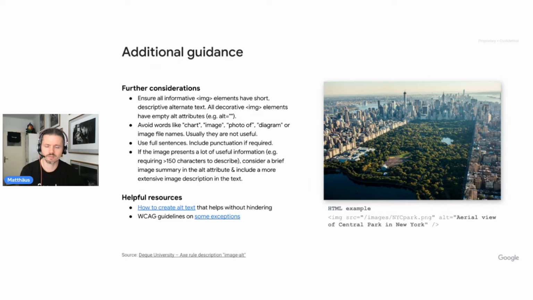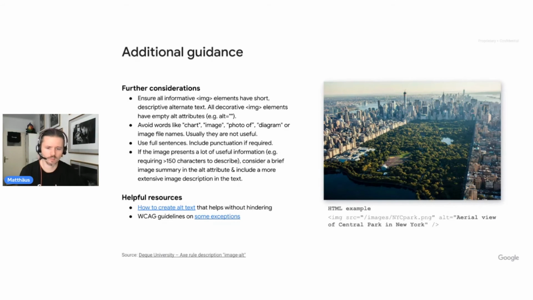You would always like to describe what it is, maybe more in depth. For example, okay, this is an aerial view of Central Park in New York, and not just say, okay, this is a park. So it's very important not just to provide alt text, but also all the information which might be important.